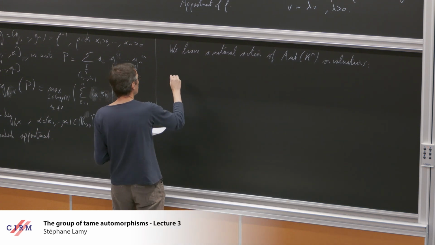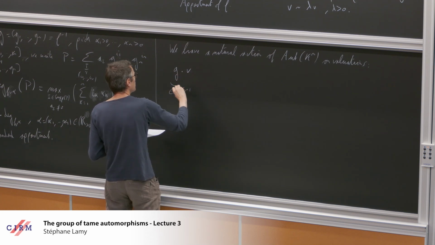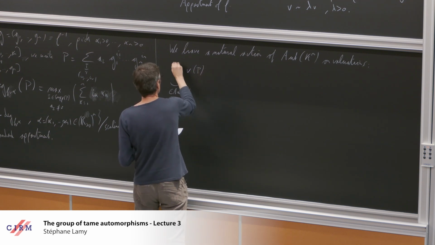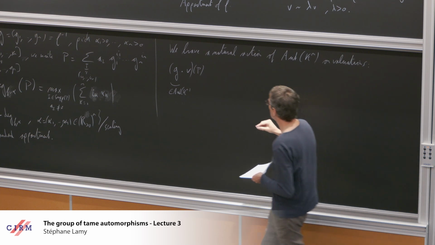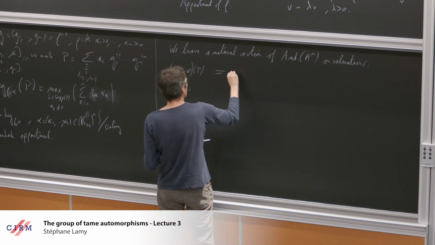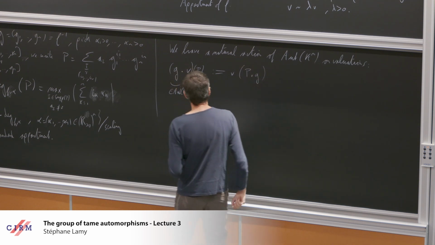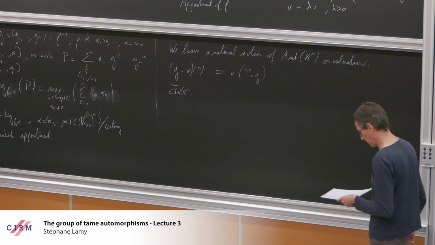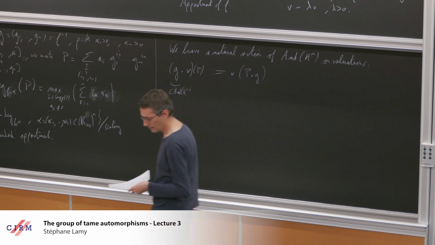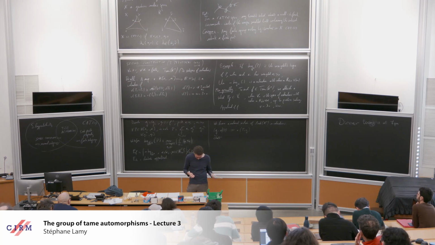If you have G, which is an automorphism, and you want to act by the automorphism on the valuation V, by definition you precompose your P by G. I always have a doubt whether I have to put an inverse or not, but I think not.